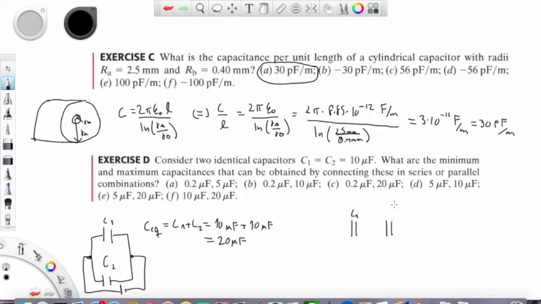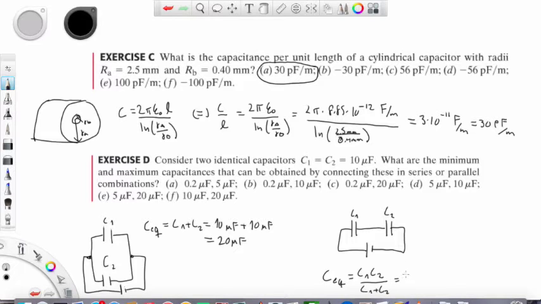So here's C1, here's C2. Let's have the battery. And the equivalent capacitance would be, now let's use the little trick that I showed you: the product of the two divided by the sum of the two.